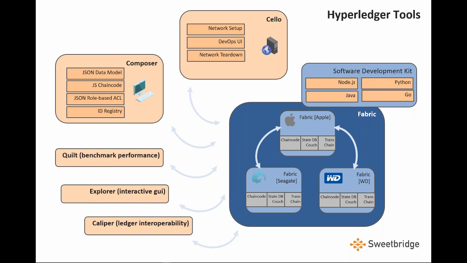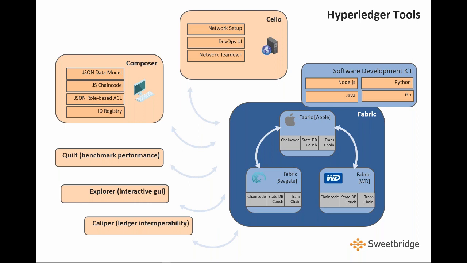Interactions with the blockchain are done primarily through SDK or API calls. Right now there are 4 different SDKs for different languages. Node.js is kind of the native SDK and the one that's the most mature. Second to that is the Java SDK.